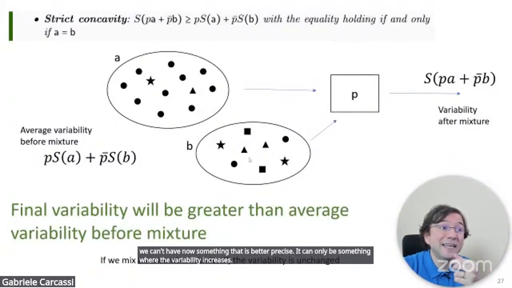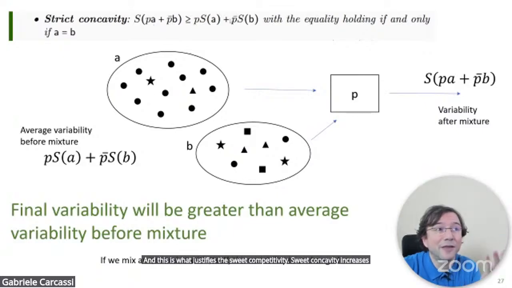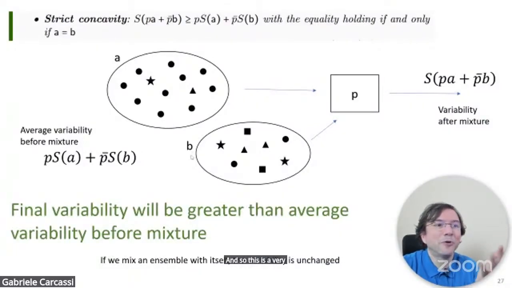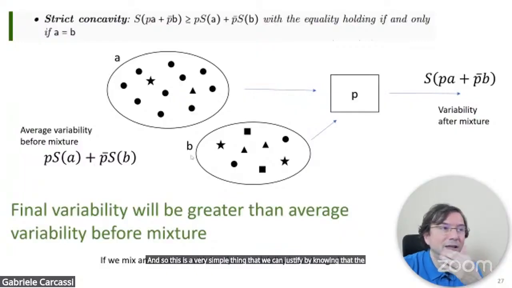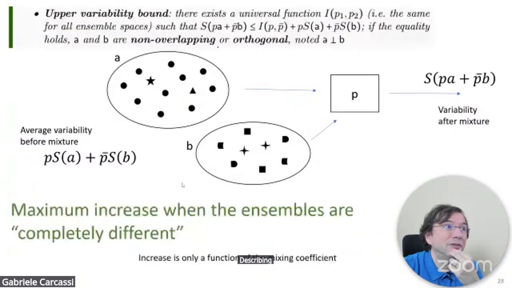And if it stays the same, then it means that we're actually mixing the same thing. This is what justifies the strict concavity. Strict concavity means the average entropy increases through mixture, and equality holds only if the two elements are the same. This is a very simple thing that we can justify by knowing that the entropy is describing the variability of the ensembles.